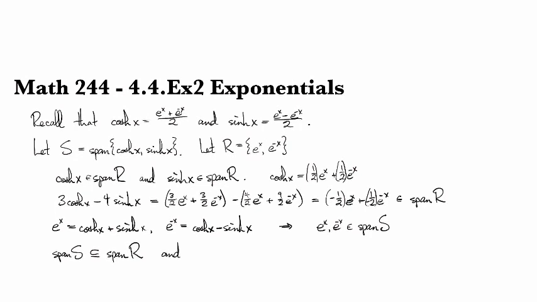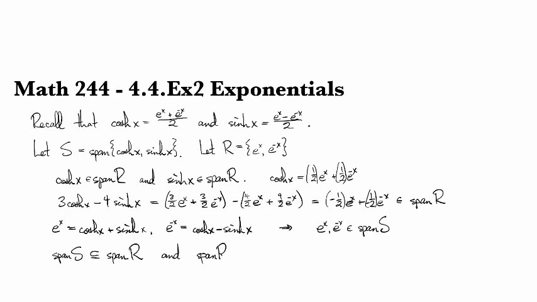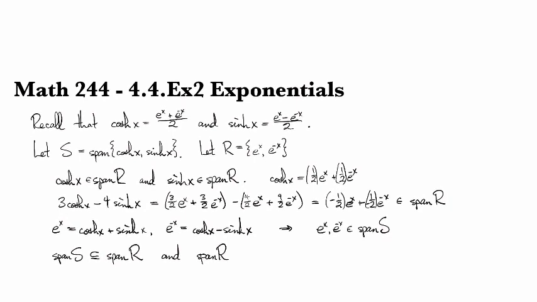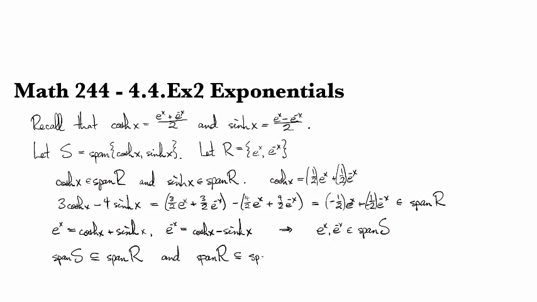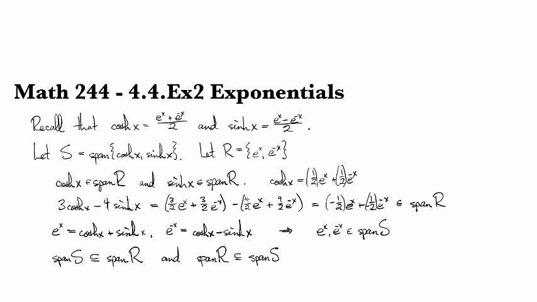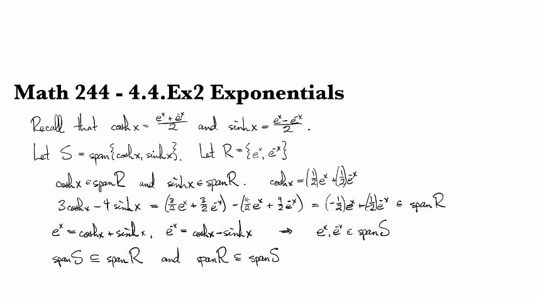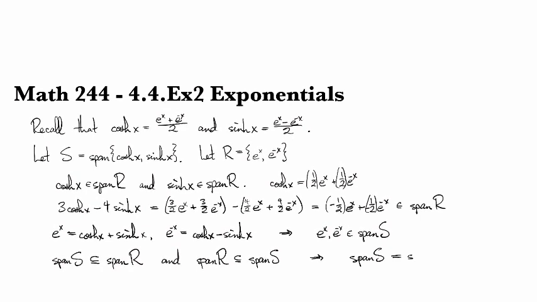And we also saw just now that any linear combination of exponentials, so anything from the span of R, is also contained in span of S, because it can be written as a linear combination of cosh and sinh. And so the conclusion is that these two sets must be the same, because each one is contained in the other. So the span of S is equal to the span of R.